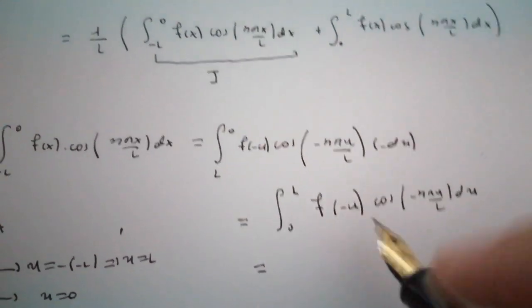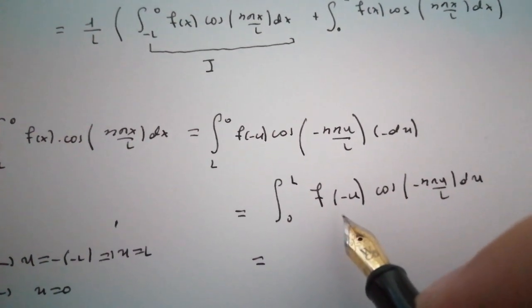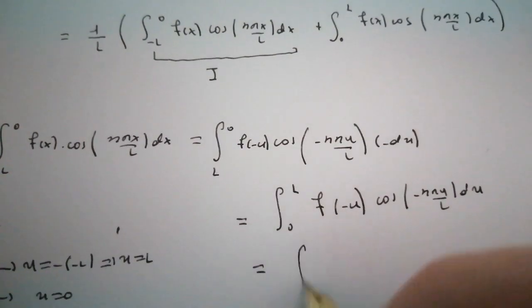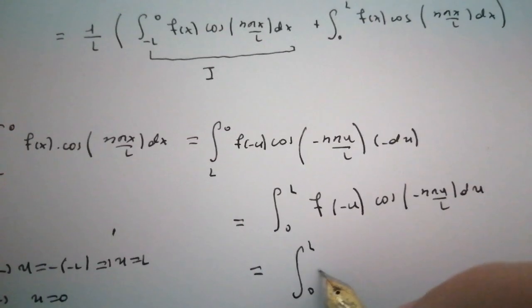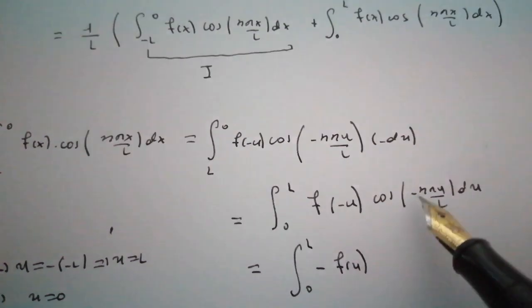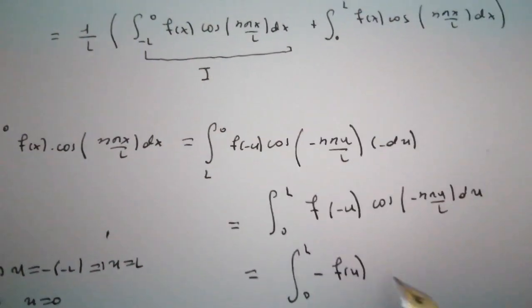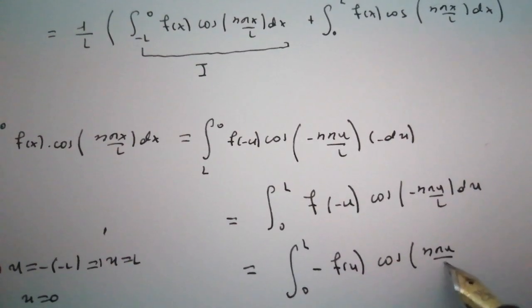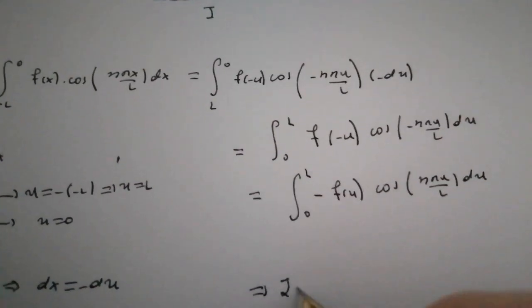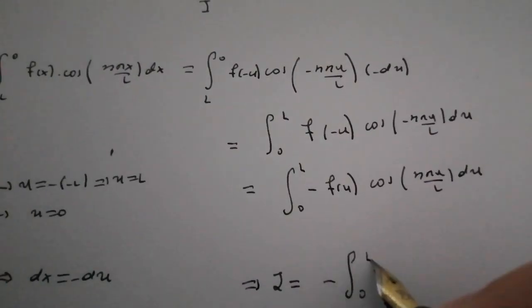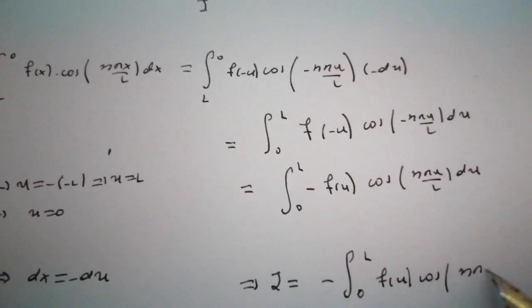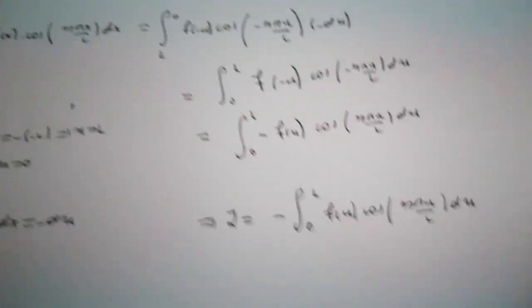Of course, by assumption f is an odd function, so f of minus u is equal to minus f of u. And this is an even function, and we just kill the minus sign. So there we go.